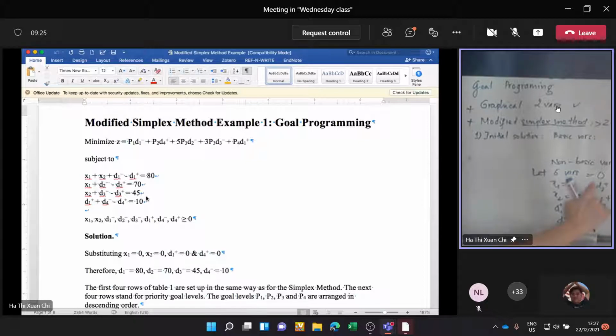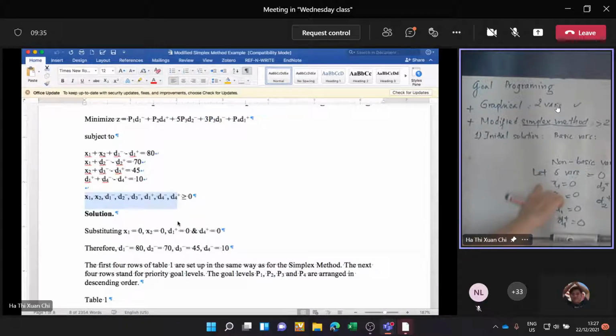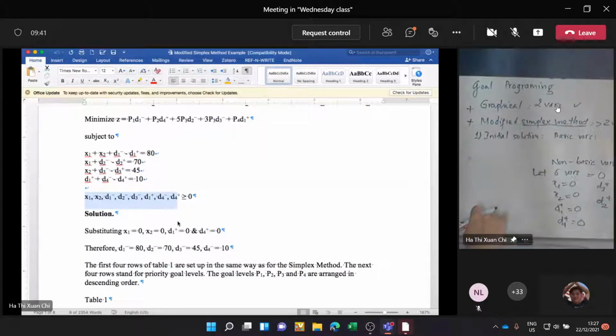So because this equal to 0, in this case, they just consider 8, because if you put 10 or put A here is the same. So here I put 10. So we select 6 variable here equal to 0.